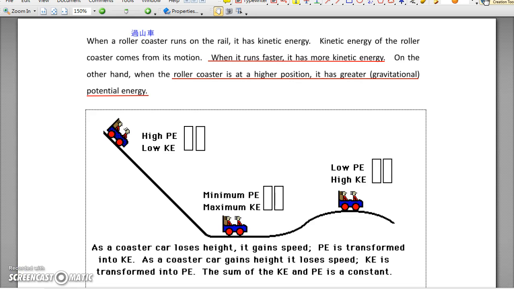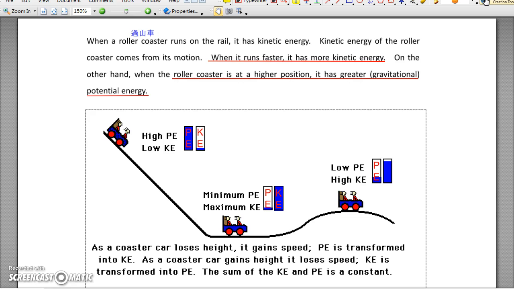For a roller coaster on its rail, its potential energy changes to kinetic energy when it runs downhill. Its potential energy becomes smaller. At the same time, the kinetic energy becomes higher. Finally, at the last position on the right-hand side, you can see it has some potential energy, and it also has quite a lot of kinetic energy because it is at a low position.